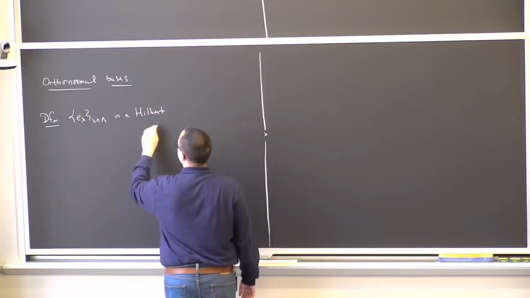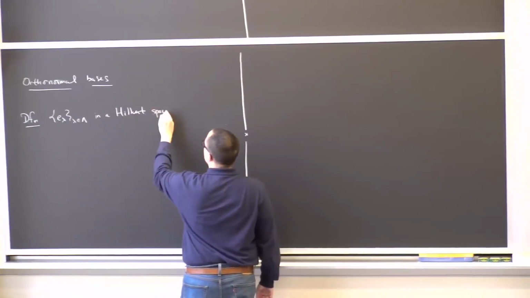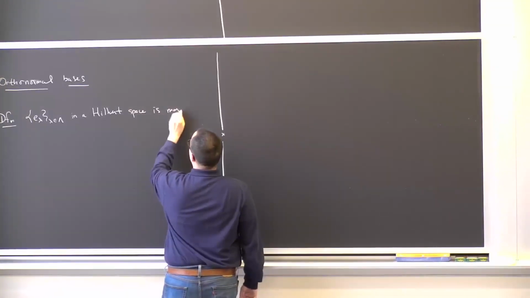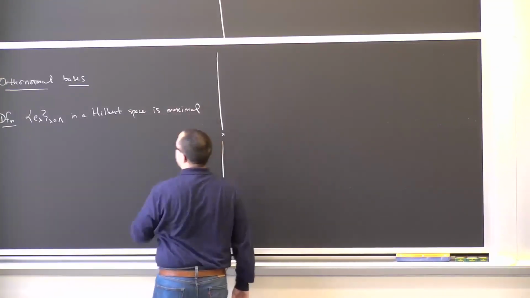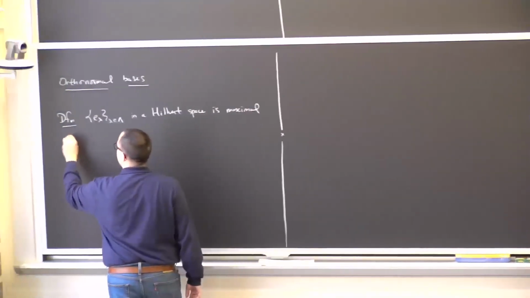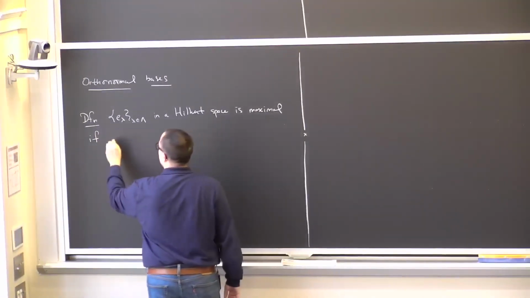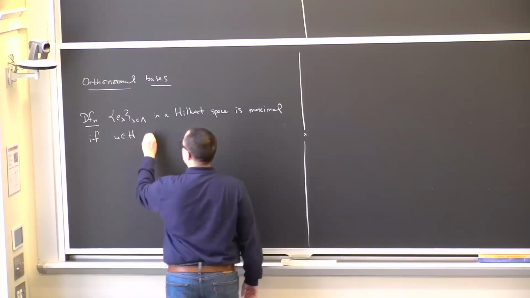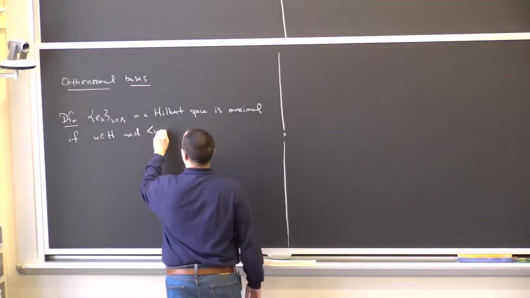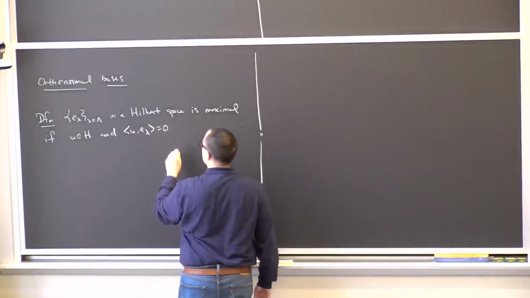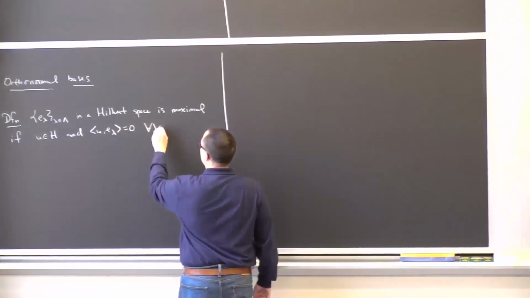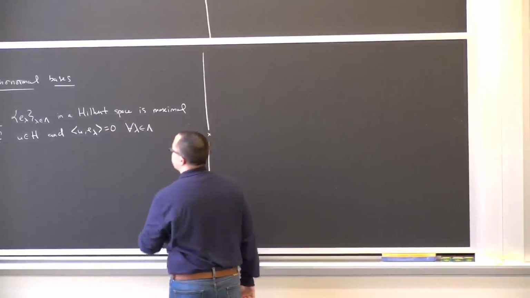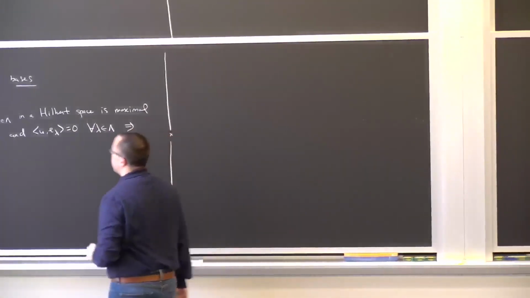This is maximal if, for u in H, (u, e_λ) = 0 for all λ in the index set implies that u equals 0.